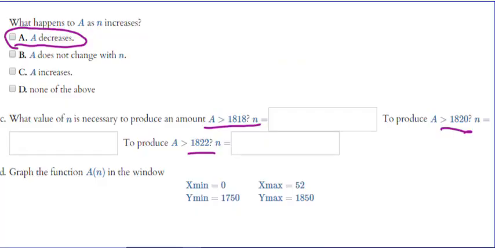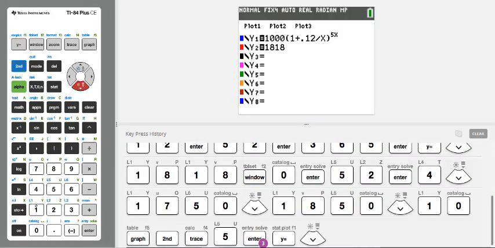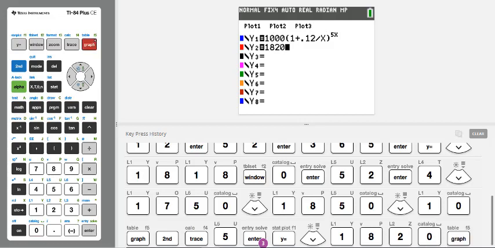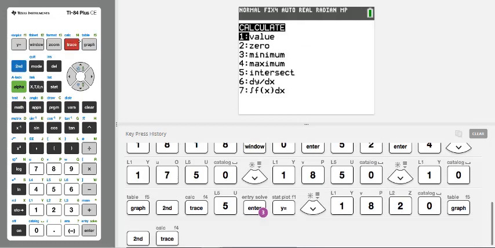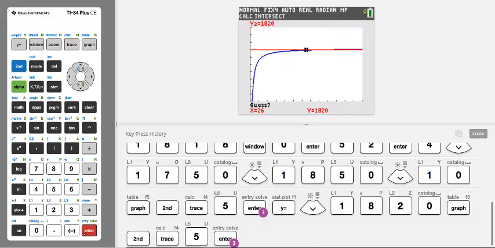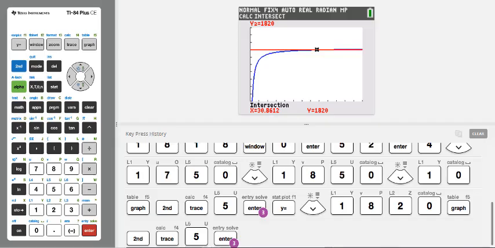Then 1820, graph. It is 30.86. And then 1822.